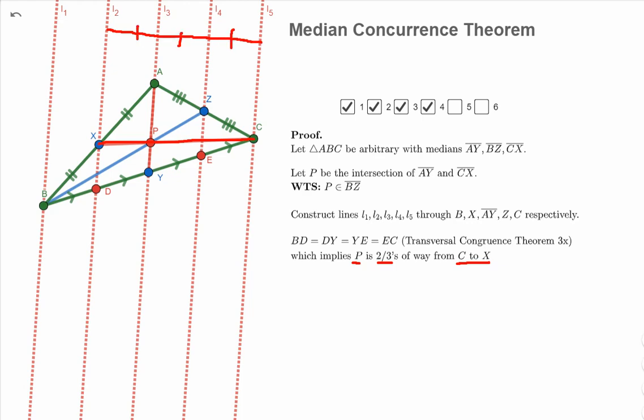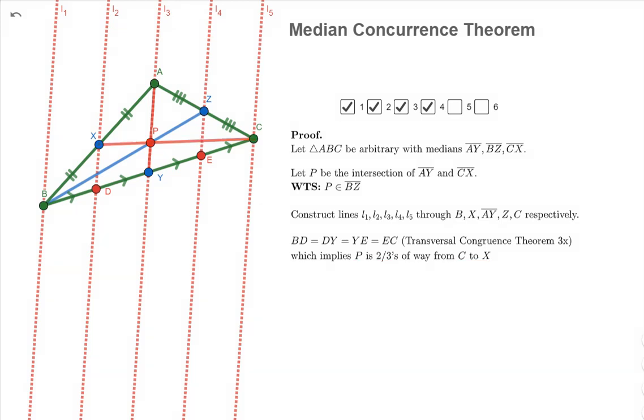Let's put a point in there. This segment is congruent to this segment is congruent to this segment. So I have 3 congruent segments, and P is at the endpoint of these 2 segments. So I know that P is 2/3 of the way from C to X. That's going to be important.